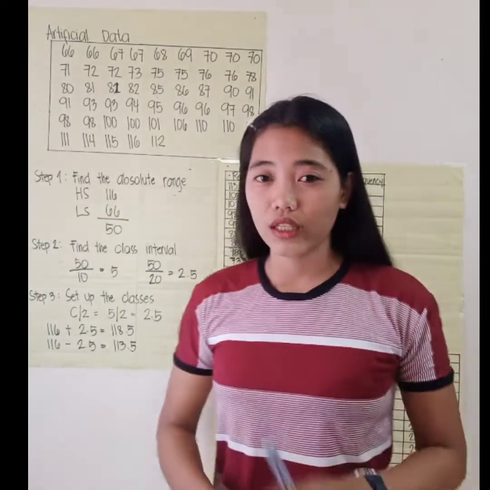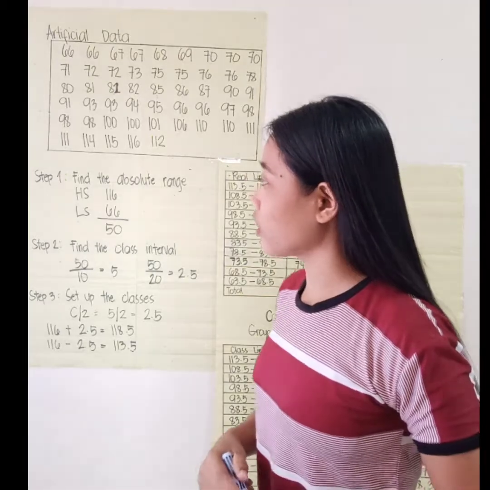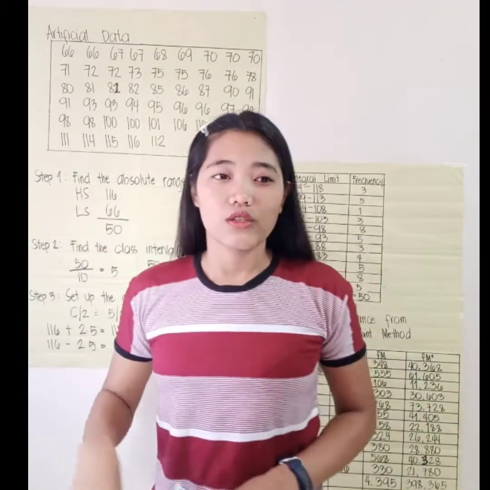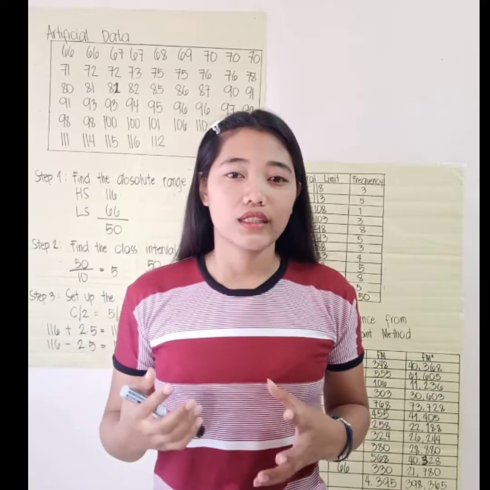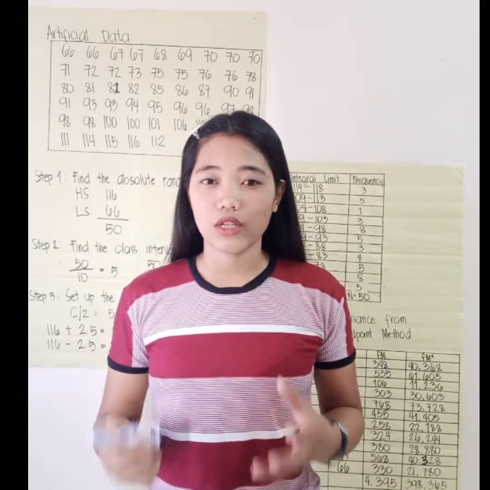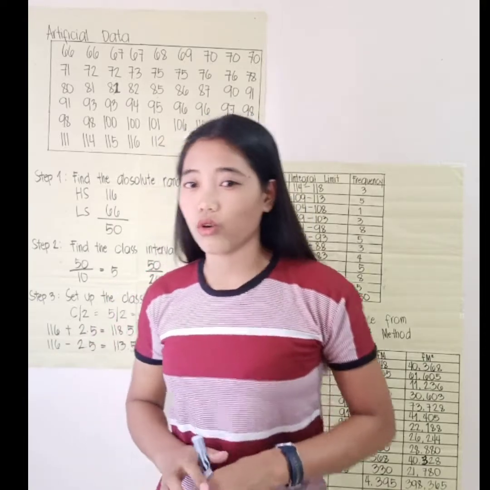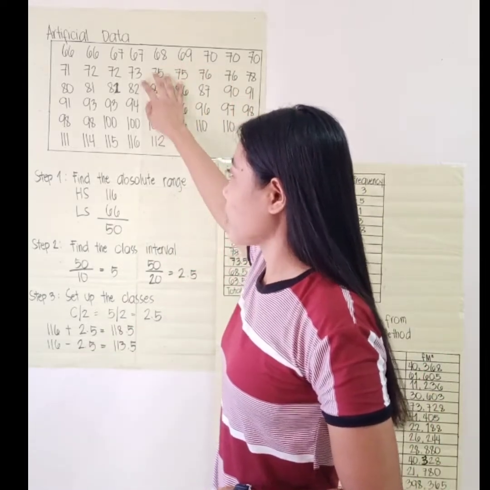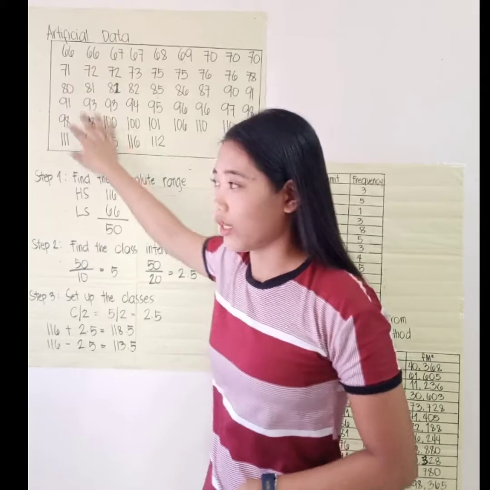Let's start with step 1, which is to find the absolute range. To find the absolute range, we subtract the lowest score from the highest score. First, locate the highest and lowest scores in our data.